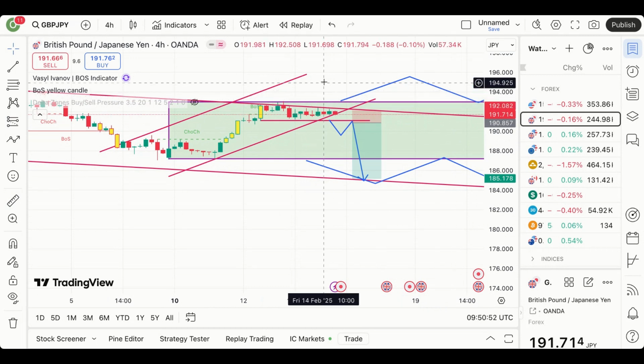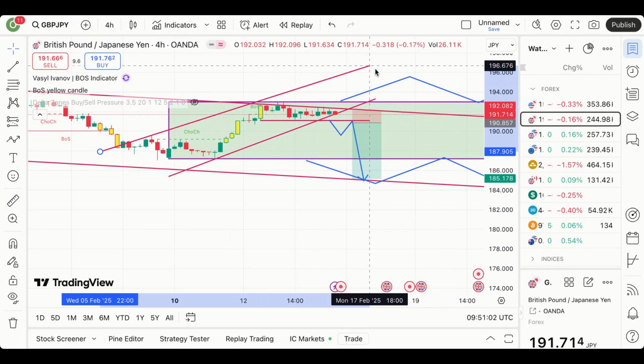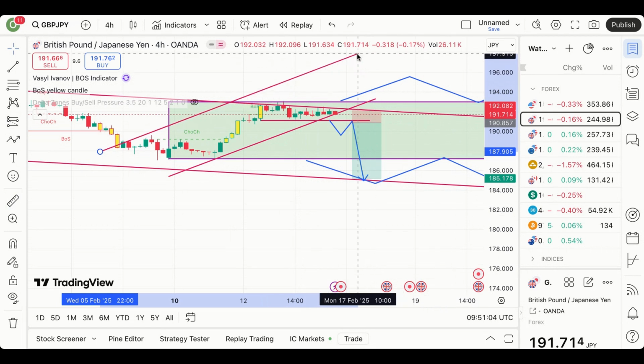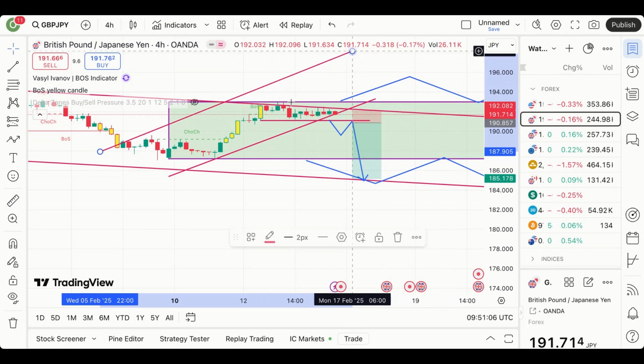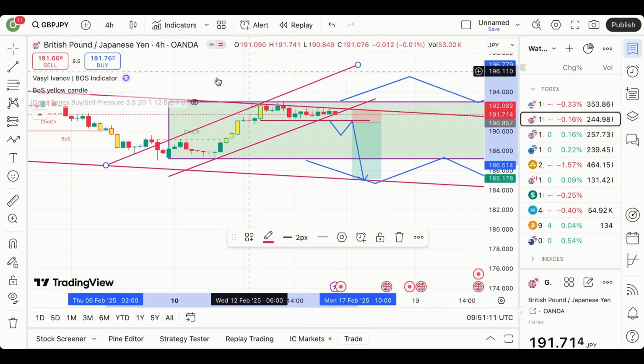And if it breaks up to the upside, we're looking towards this direction. Let me bring it closer. We're looking for it to break this end, like I said.